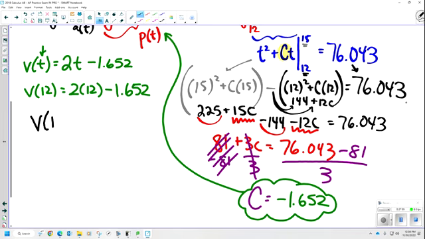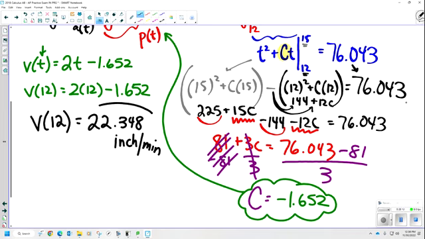The velocity at 12 is 22.348, and it's inches per minute. And that is the speed of the ant right at time 12.